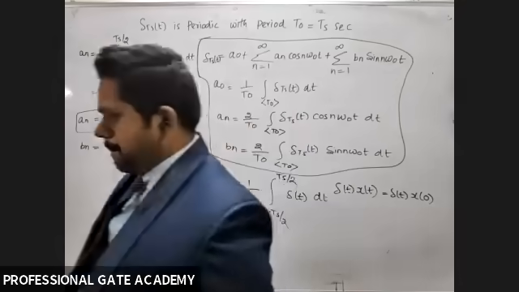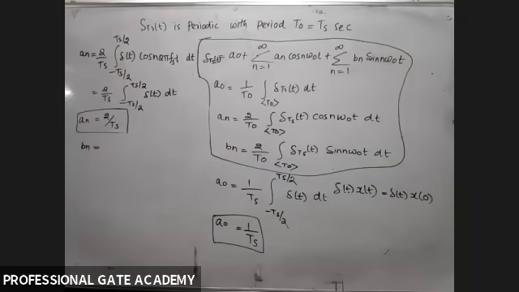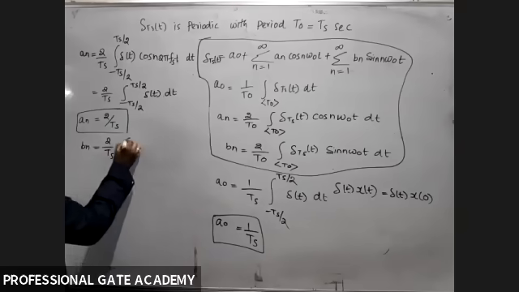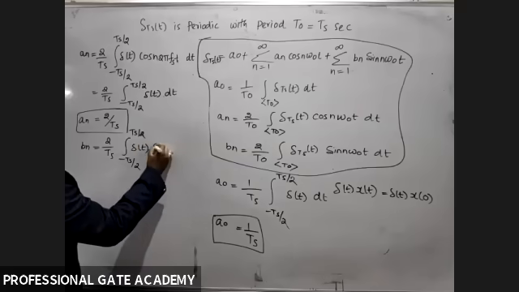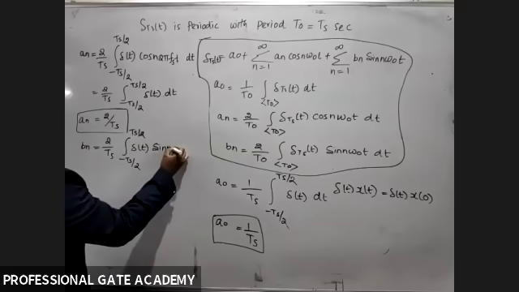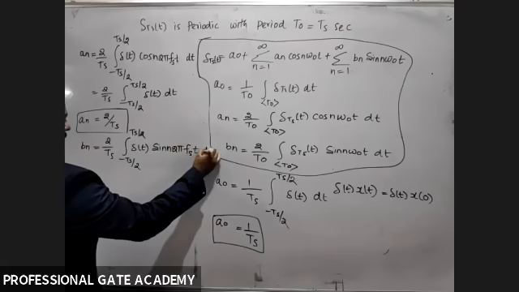Bn is 2 by Ts times the integral from minus Ts by 2 to Ts by 2 of del of t sin n omega naught t, with omega naught replaced as 2 pi fst, dt.